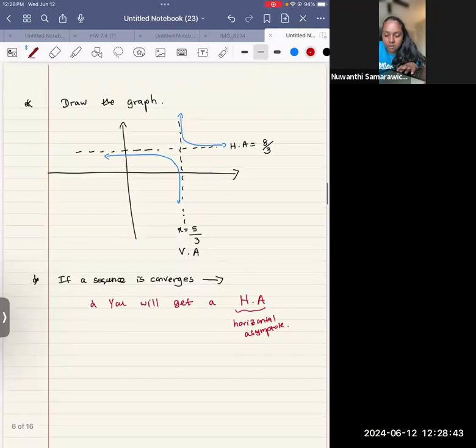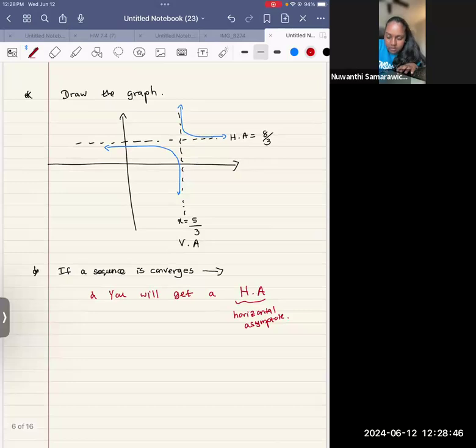How do you get a horizontal asymptote? Remember from college algebra, we get a horizontal asymptote whenever x approaches infinity and your function approaches a number, any number. Let's say just a. This is the horizontal asymptote.